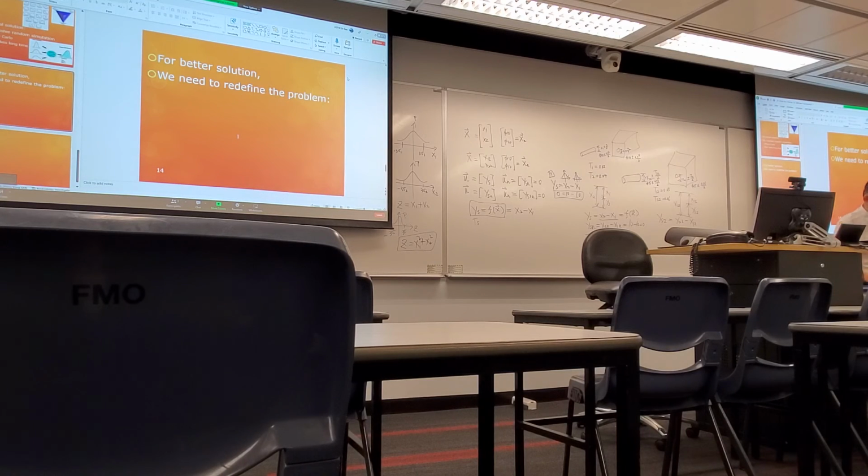It is because of this reason. Although we define the problem and the solution looks very simple, if we try to solve it, we find some theoretical problems. So if we want a better solution, we need to redefine the problem and use another way to solve it. This is very practical.